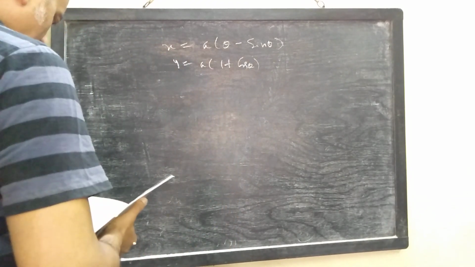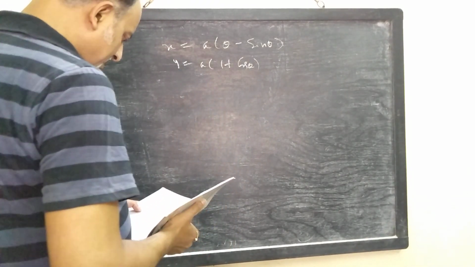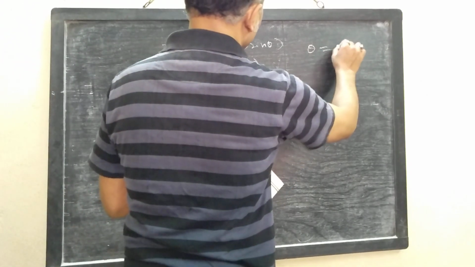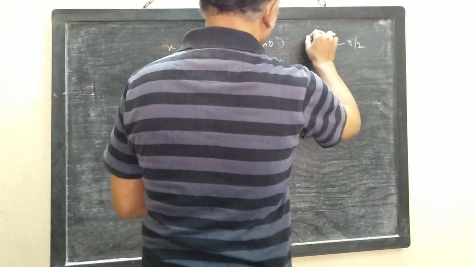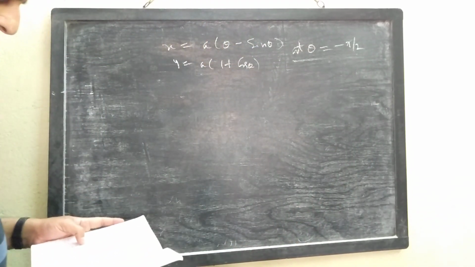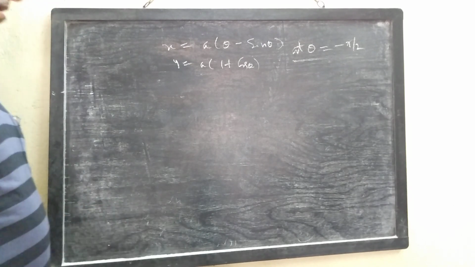And you are asked to find the slope of the tangent and normal to the curve at theta equals -pi/2. Here you have to find the slope of the tangent and normal.